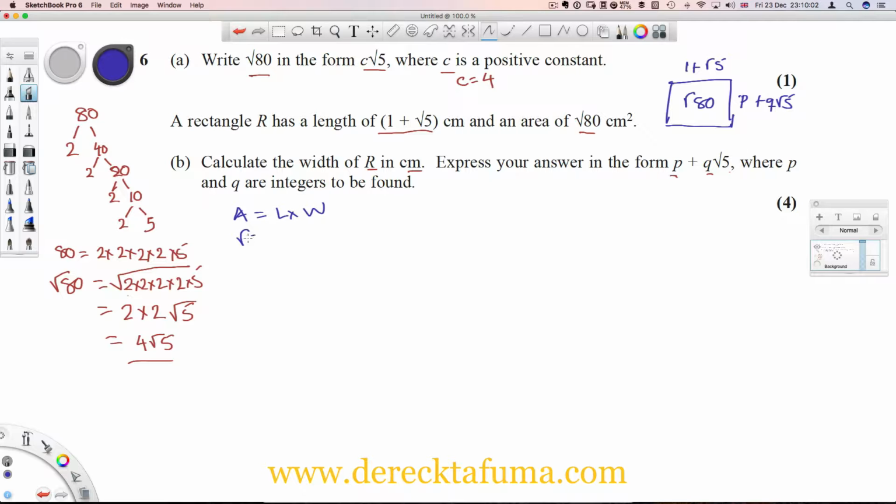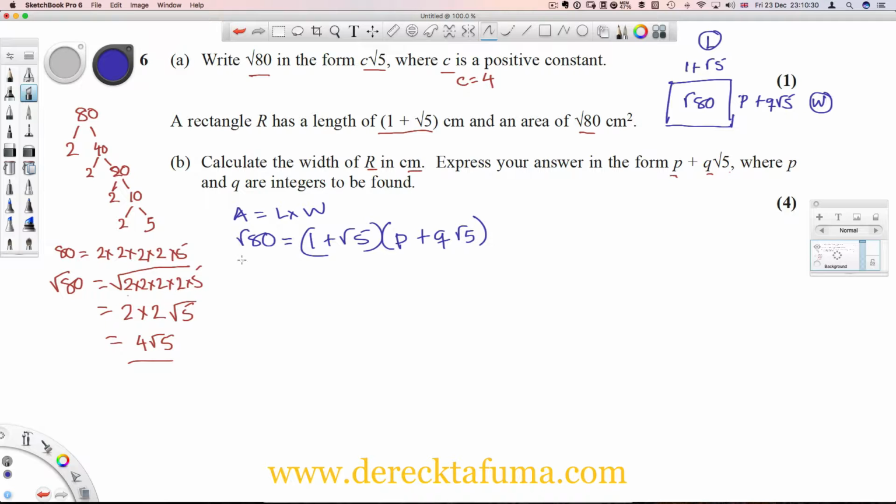So root 80 is the area, the length in this case is this one, and the width is this one. The length is 1 plus root 5, and the width is P plus Q root 5.